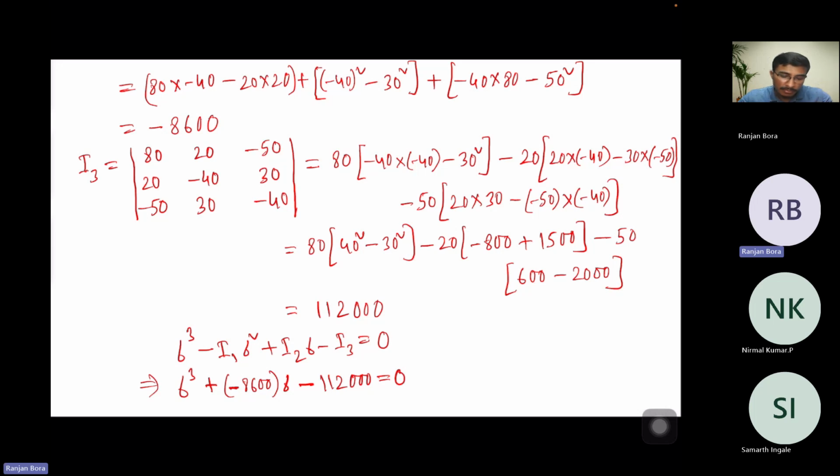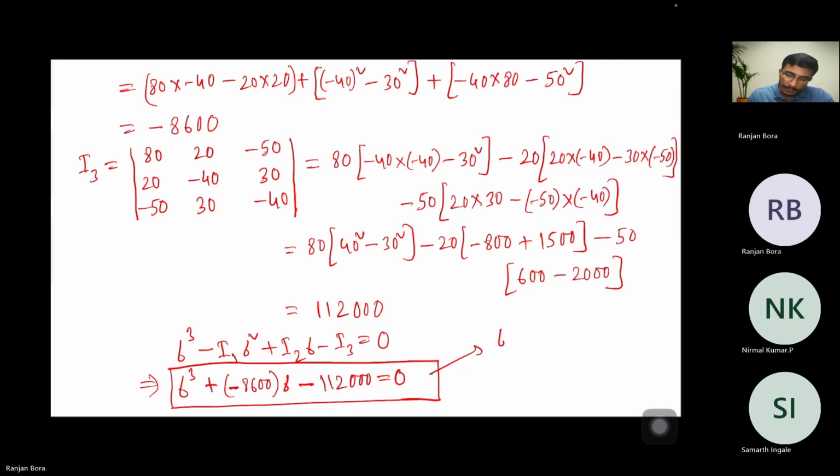Or you can use any coding like MATLAB, or any other programming. If you solve this, then you will get sigma 1, sigma 2, and sigma 3, which are the principal stresses.